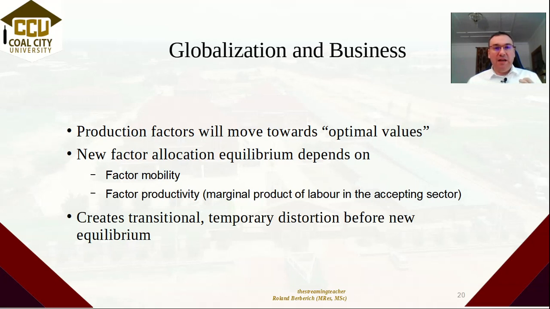The factor equilibrium after trade depends on how mobile that factor is, and obviously also the marginal product of labor in the accepting sector. Again, as an example, how mobile are you as a worker? What skills do you have in the new economic equilibrium?